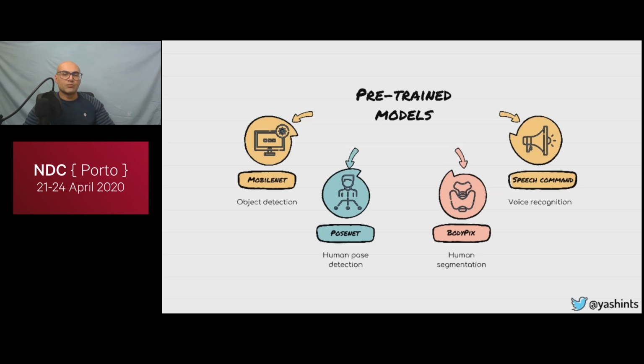In terms of human pose detection, there is the PoseNet model, where you can detect the pose of a person based on their camera feed or a picture. There is BodyPix, which is used to segment human body parts. And there is speech recognition, which helps you create applications that use voice recognition to perform operations, which is the one we are using tonight for our demo.